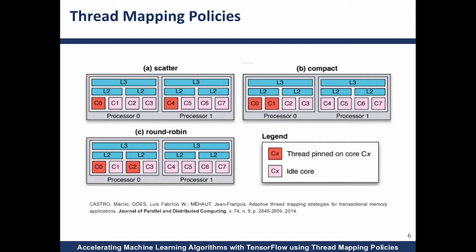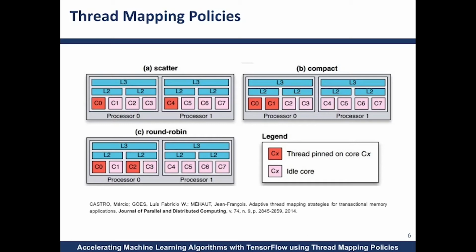As you can see here, each policy has its own logic for the assignment of a process to cores, and each of these policies can result in different usages of the architecture of the hardware. So one can make better use of the cache or the interconnection bus and so on.